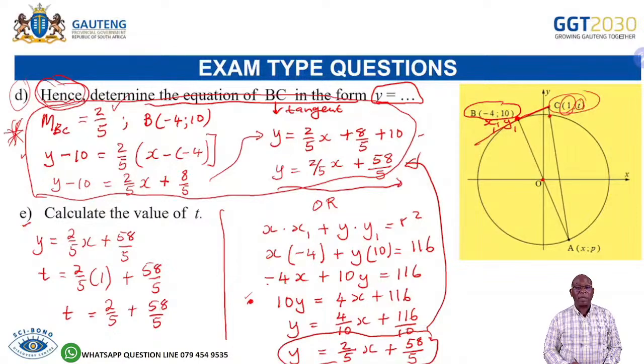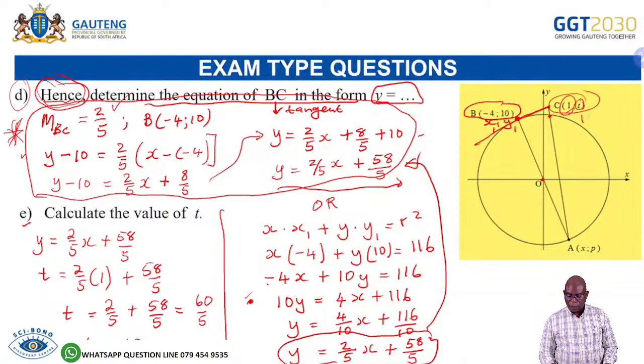This is quite easy, because I can see the denominators are the same. Just add the numerators and divide by that same denominator. So which will give me 60 over 5, and T will be 12. So meaning that my coordinates of T will be 1 and 12.